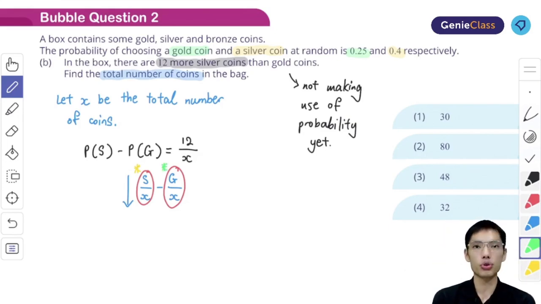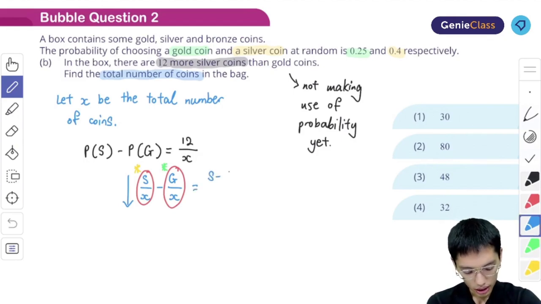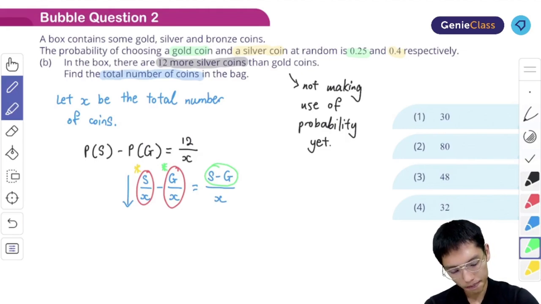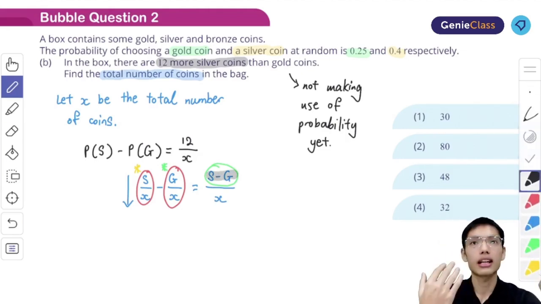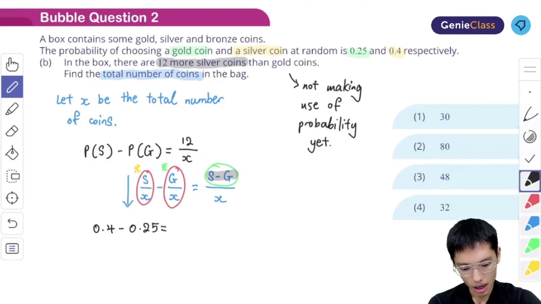If I subtract them, isn't that essentially going to give me the difference of coins? And the top actually shows the more part. So there is one intuition that we get there, and therefore we can put in our numbers: 0.4 minus 0.25, which Chen Chen has essentially shared. Once you get this down, that's where we build it up, 0.15.